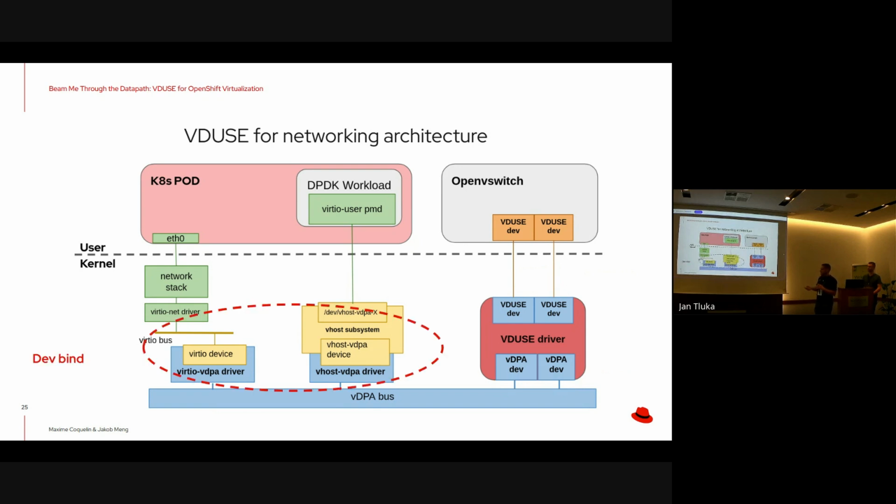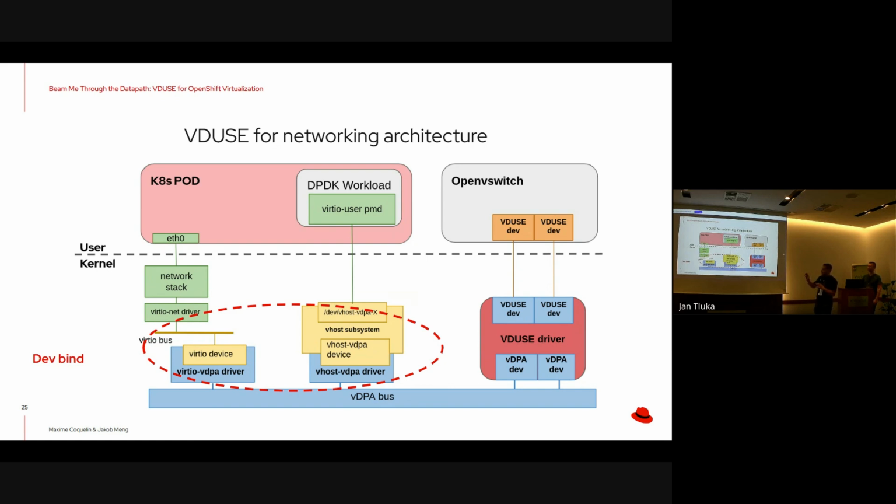And when it's attached to the bus, we have two possibilities, as Jacob mentioned before. You can either bind it to the virtio-vdpa driver. In this case, you obtain a virtio netdev that you can pass to the pod network namespace. Or you can bind it to the vhost-vdpa driver.